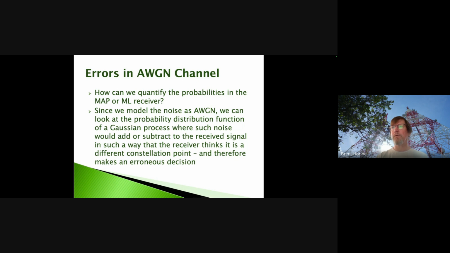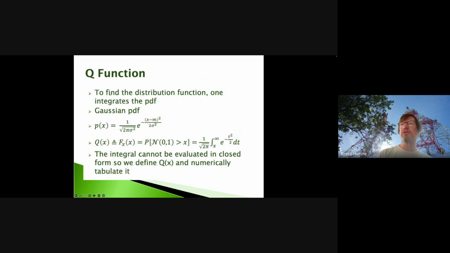We want to minimize that error through this MAP or ML receiver, but we also want to be able to calculate it. To do that, we're going to use this Q function. So we're converting our PDF of the Gaussian, where here's our mean and our variance, and we'll normally be working with the zero mean process, and we'll normalize this variance to 1 for now.